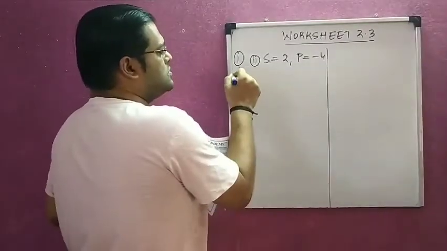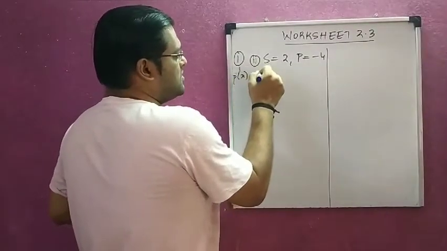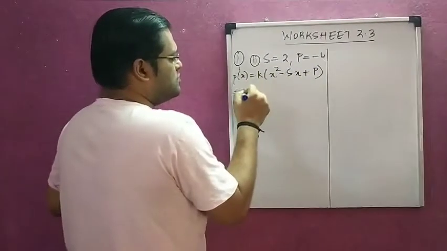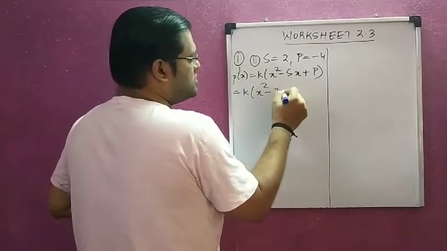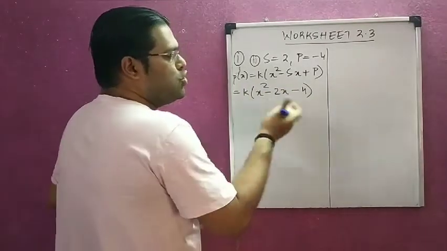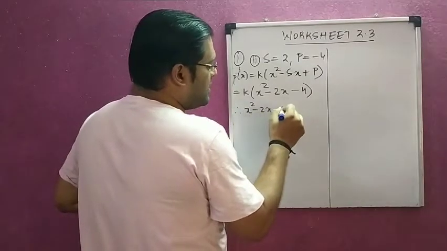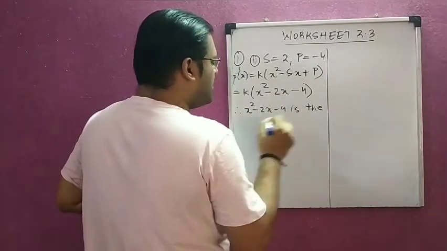Right? So p(x) is k x square minus sx plus p, which will be k x square minus 2x minus 4. No need for any LCM, therefore I can say x square minus 2x minus 4 is the required polynomial.